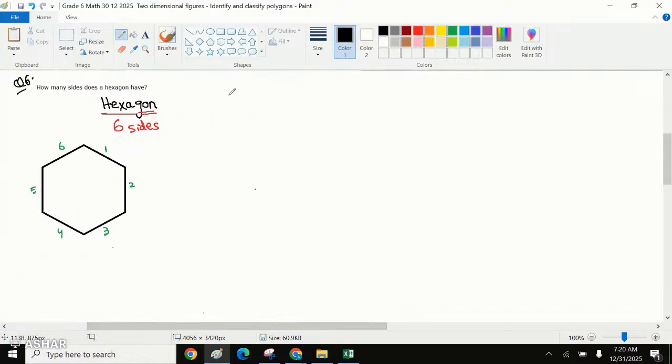So let's make a grid that says number of sides and name of the shape, or name of polygon. Let's see what it can be. If there are 3 sides, the polygon is known as a triangle. If there are 4 sides, it's known as a quadrilateral.